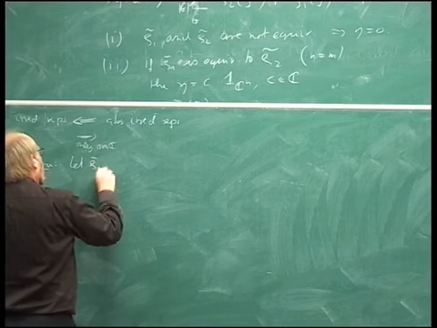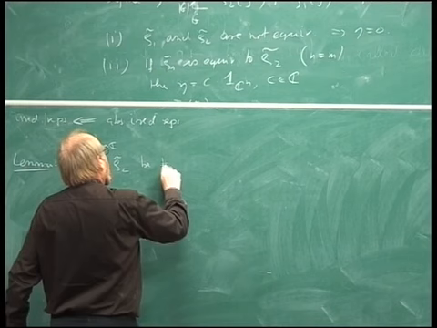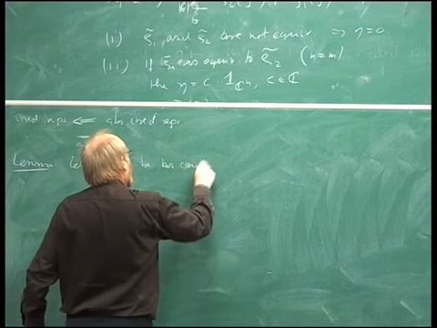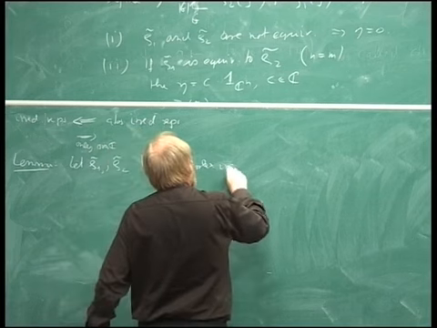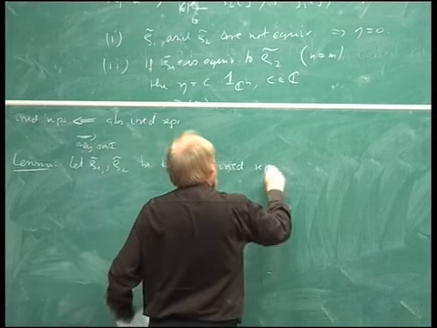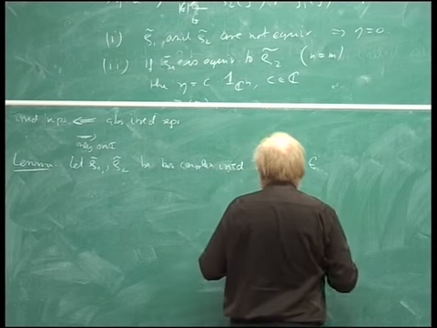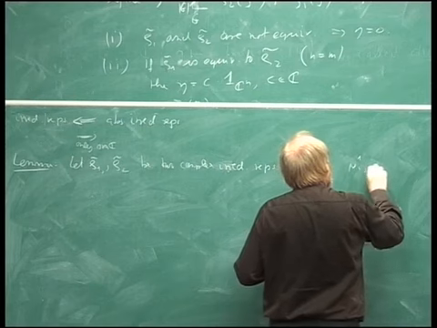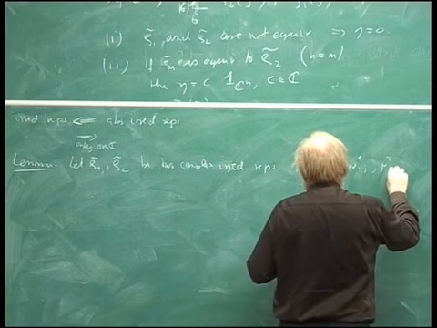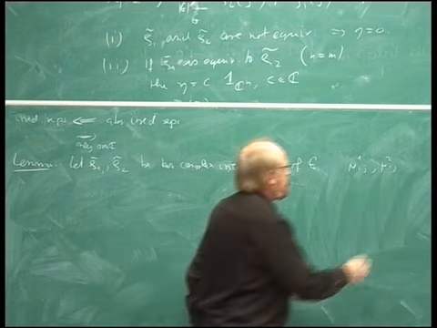Let rho 1 tilde, rho 2 tilde be two complex irreducible representations of G as before, and we have mu1 ij and mu2 ij as sets of representative functions.